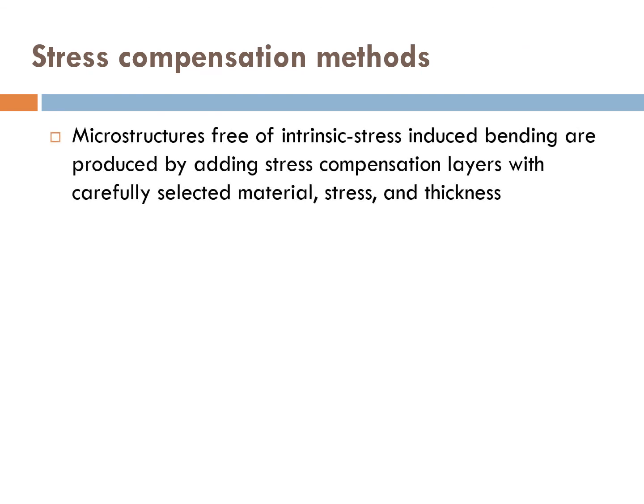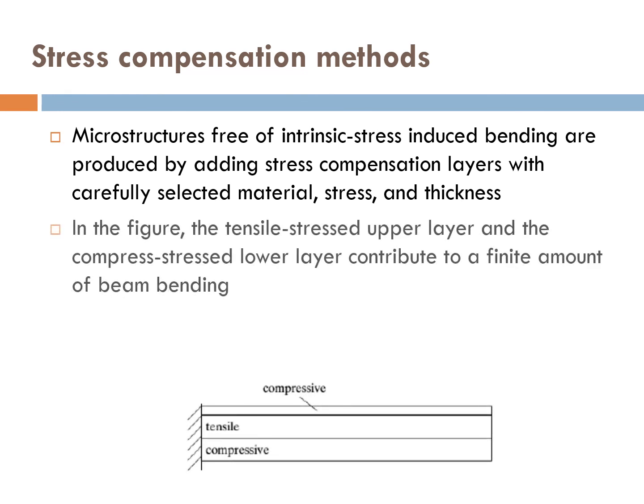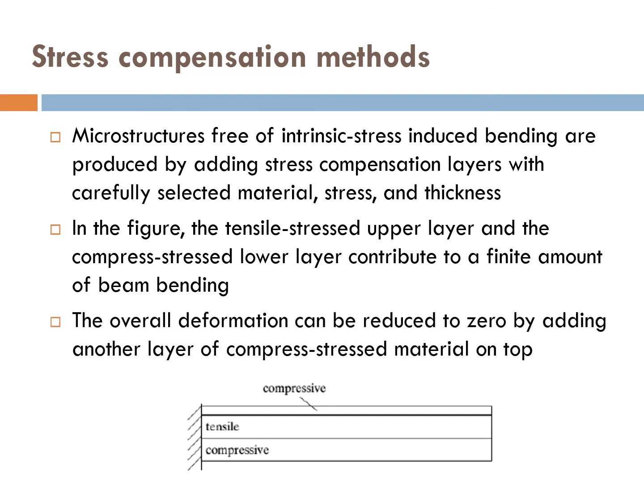Microstructures free of intrinsic stress-induced bending are produced by adding stress compensation layers with carefully selected material, stress, and thickness. As shown in the figure, the tensile stressed upper layer and the compressed stressed lower layer contribute to a finite amount of beam bending. The overall deformation can be reduced to zero in theory by adding another layer of compressed stress material on top.